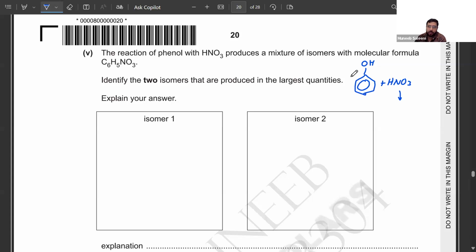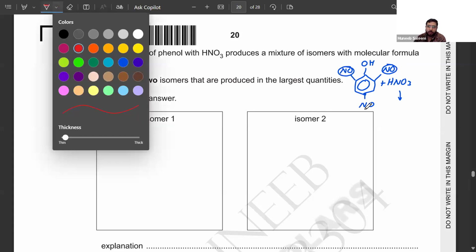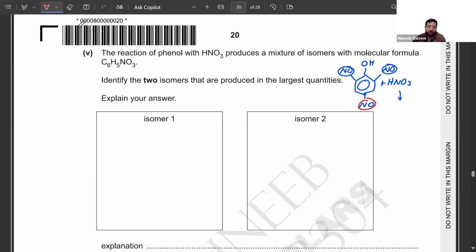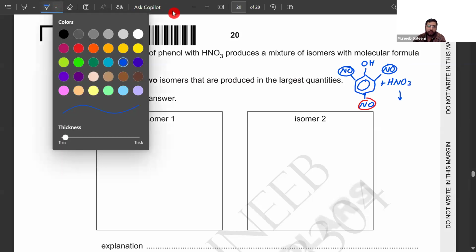So NO2 could be placed over here, it could be placed over here, or it could be placed over here because it is 2,4,6 directing. So I need to show only two isomers. That means these two are similar and these two are different from this one, which means I just need to draw only two isomers here.